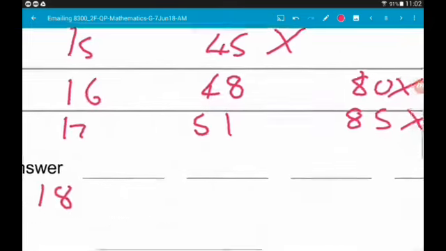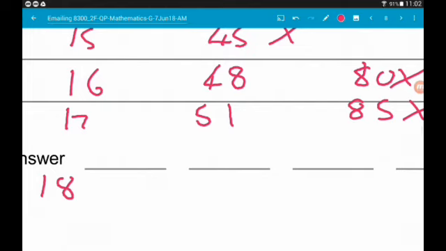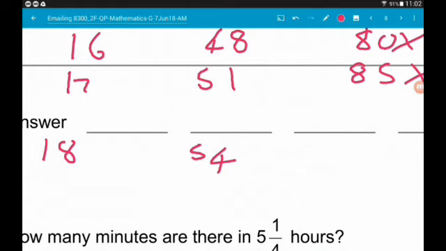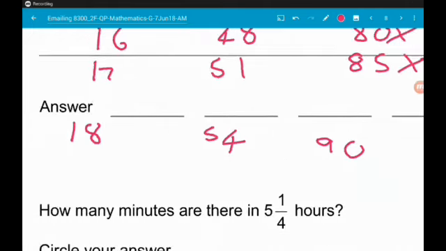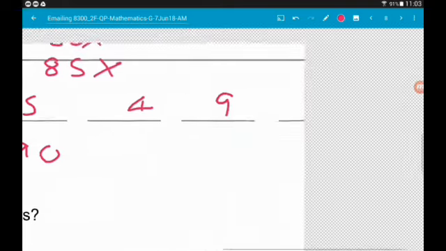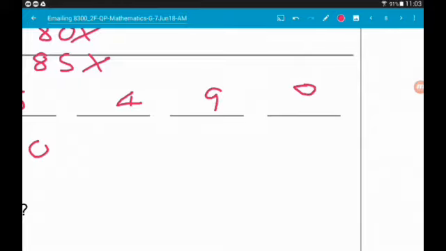Okay, 3 times 18 is 54. And 5 times 18 is 90. So there we go. No digits have repeated. That is our winner. Okay, so we got 1, 8, 5, 4, 9, 0. Cool.